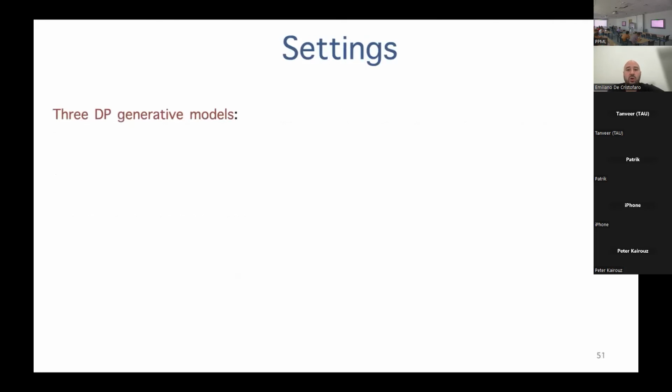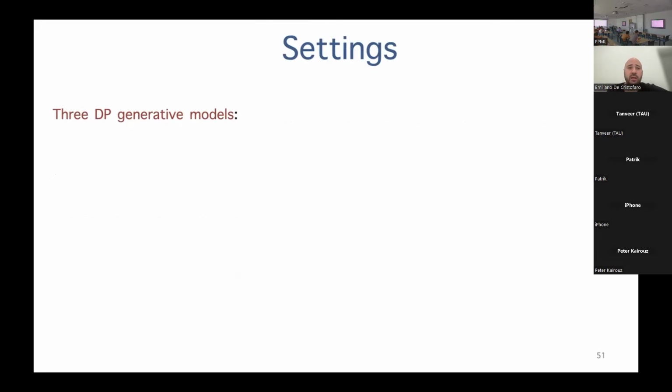We experiment with three, and this was an ICML paper last year. Sorry, I didn't put references on my slide, but I'm happy to send links to anybody who's interested, or you can probably find it via a simple Google search.